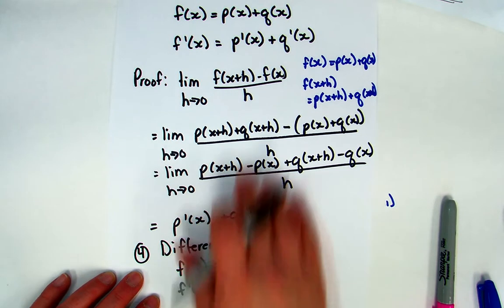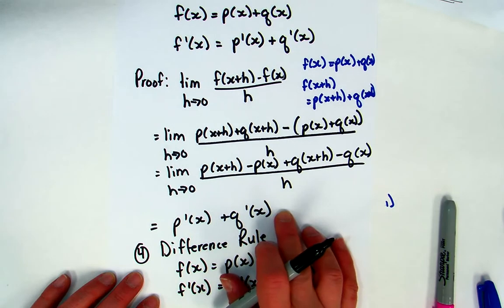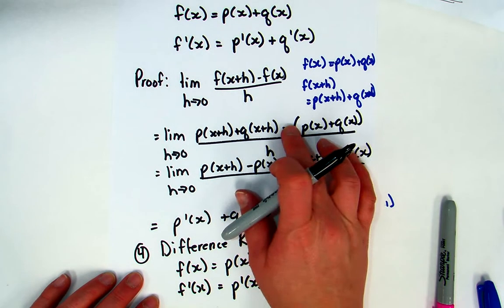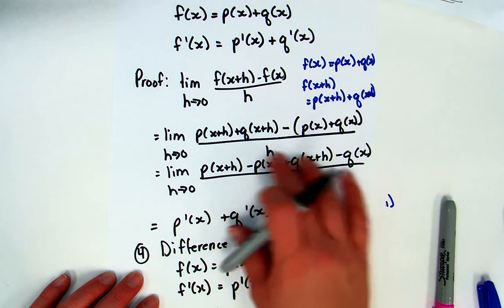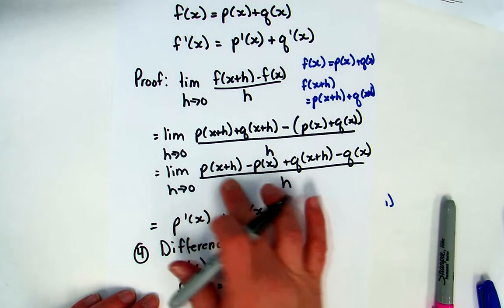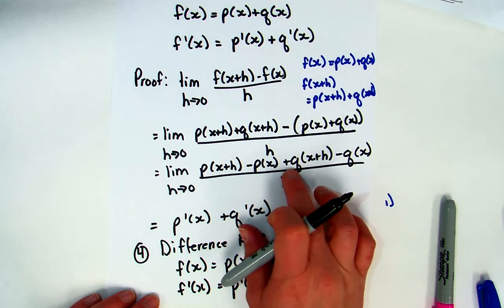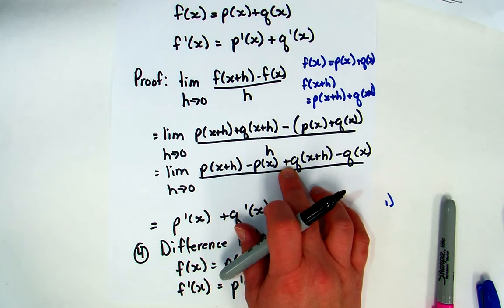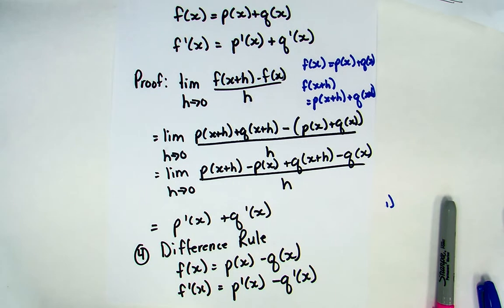I'm not going to work through this proof. It's essentially the same thing as this one, except you have your subtract there, and the signs will work out, but it does end up being this limit minus that limit. So when you collected all your like terms and moved things around, you would just have a subtract in there.